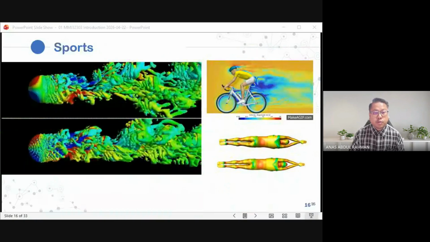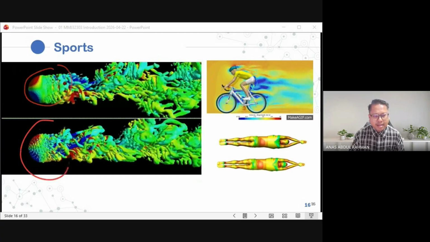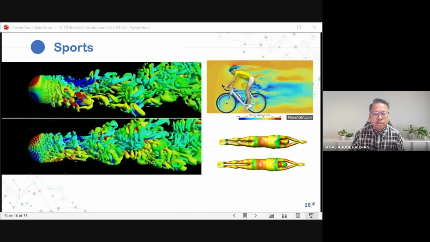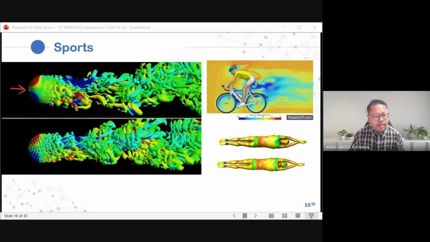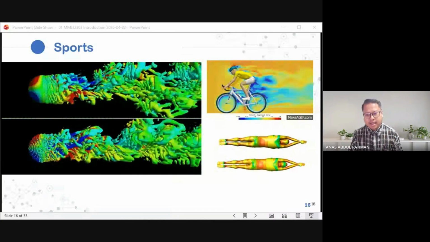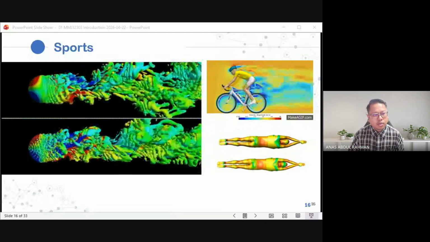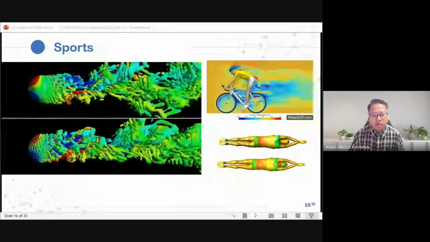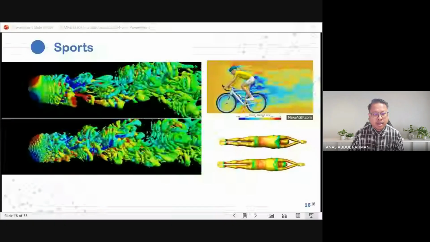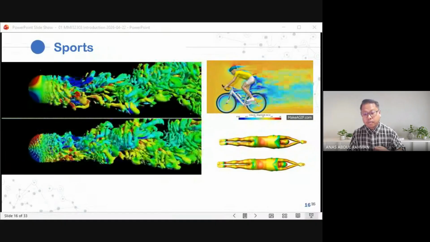And then in sports, you can have a look. This is a golf ball. This shows a comparison, interestingly, of a golf ball without the dimples, the concave shapes on the ball, and with the dimples. The purpose of the dimples is to increase the turbulence in order for the ball to go further.